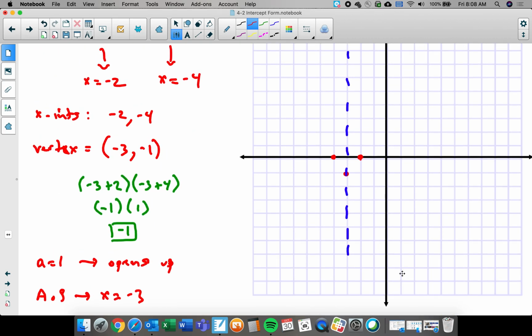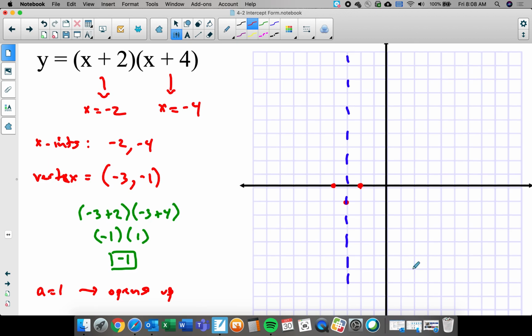So now if I come back to my graph, I'm going to come up here to +8. There's another point, and again, I can use this axis of symmetry to reflect that to the other side and match it up. So notice this point is 1, 2, 3 units away, and therefore 1, 2, 3 units away, which means right here is another point based on the symmetry of a parabola.